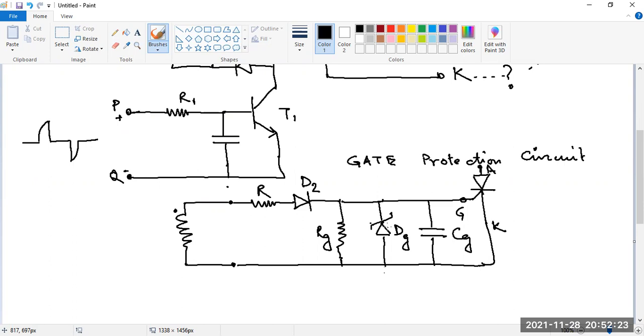Because the device can be turned on by some other reasons as well, all these things are kept in the circuit to resist the device being turned on by a spurious signal. So these are the gate protection circuit.